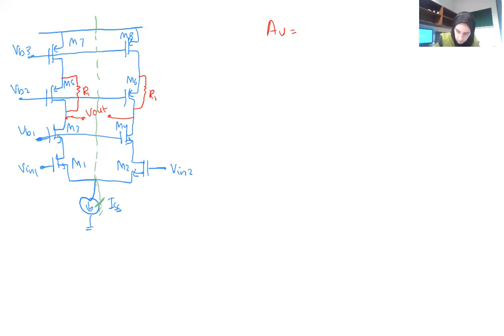So the gain will be minus GM1. If you want to think yourself about the gain, what do you expect will change here? So again, we will have RON in parallel with ROP. Which of them will change, do you expect? Or no expectation? So what is going to change is that with the addition of R1, ROP will change.